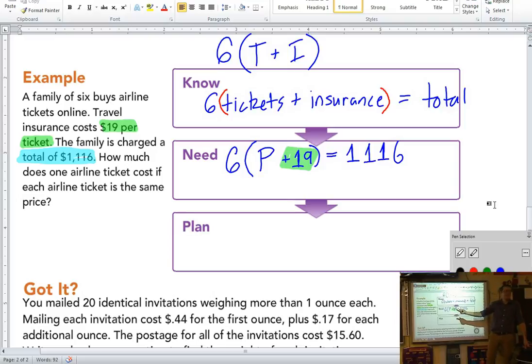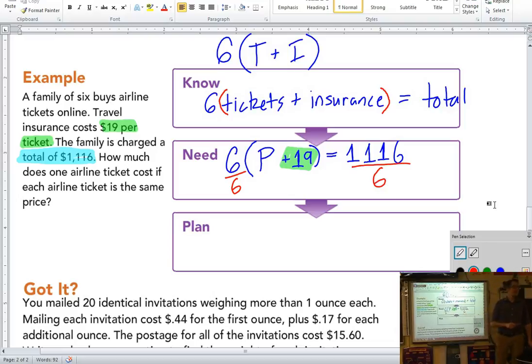Andrew? If you divide 1,116 by 6. We want to either distribute that or get rid of it. And if you want to get rid of it, I'm going to drag that highlighter up. So we'd either have to do the distribution, which we can, or get rid of the 6 by dividing by 6 and dividing by 6.